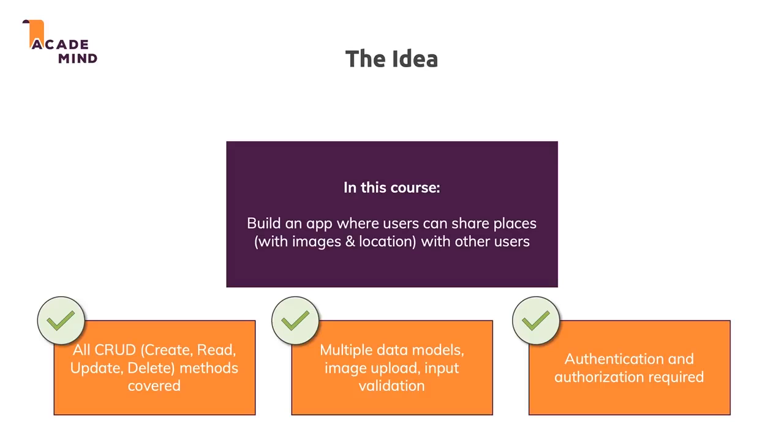For example, in this app, updating or deleting places should not be possible for all authenticated users, but only for the users who created that place. So we got a lot of core important things in this app, which is why this makes for a great demo application for this course, and which is why this is my idea for the course project.